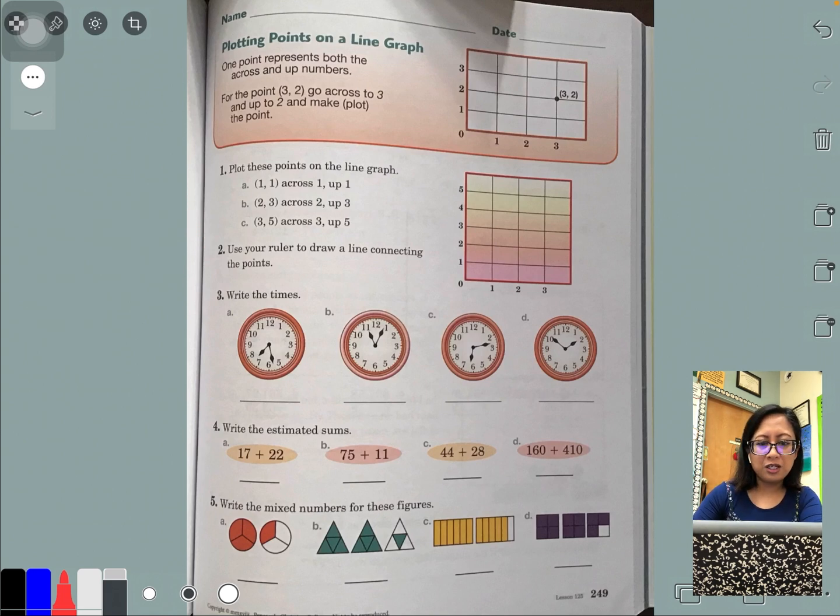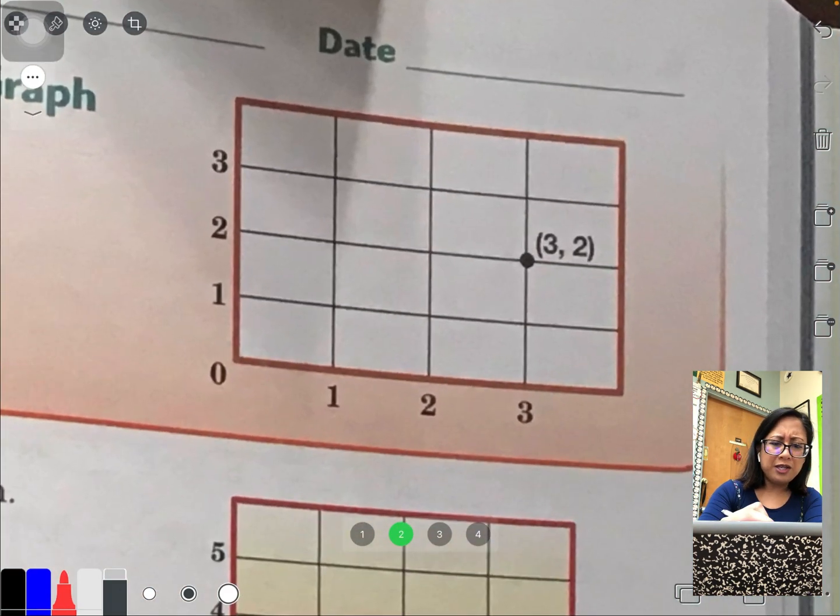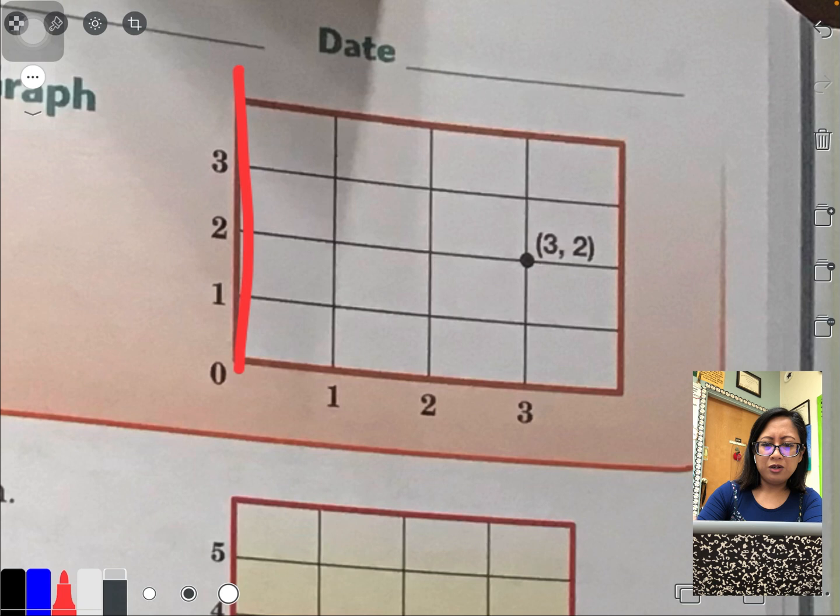So as you can see here, I want to go over the different parts of a graph. They don't tell you this until 5th or 6th grade, what the parts are called, but I want to get you ahead. This part of the graph right there, we call that the x-axis. When you get to 5th and 6th grade, that's what you'll learn. That's the name of it. And if they don't teach you that in 5th and 6th grade, they'll definitely teach you it in 7th grade.